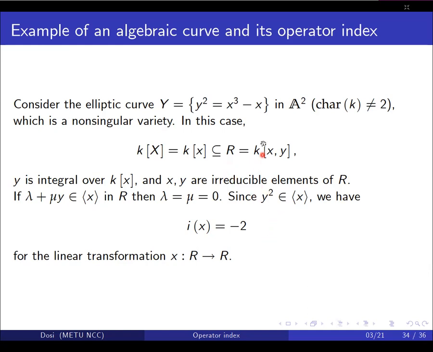Well, what kind of geometry stands behind this, let me explain. In general, we have a coordinate ring R of a variety Y. In our case, the variety is a curve.